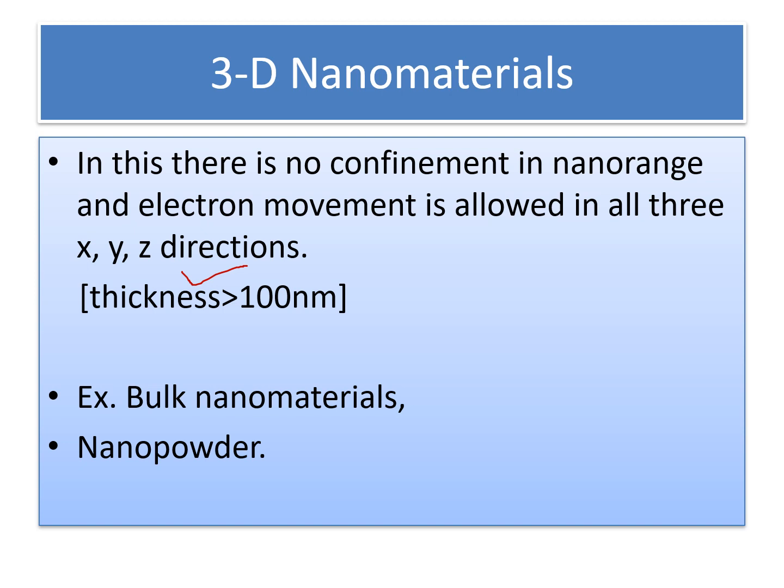Actually this would not come in the nanometer range; it is a combination or agglomeration of either one-dimensional, two-dimensional, or three-dimensional particles. That's why we can say it is a bulk nanomaterial or a nanopowder.